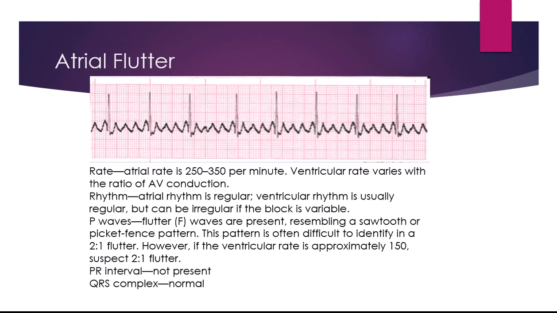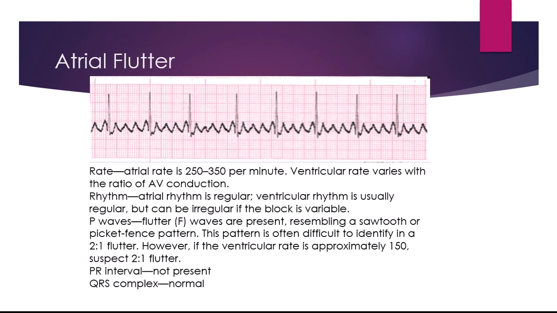So this is what your atrial flutter is going to be. One other thing I want to point out: at least in EMC 303, I will always have an atrial flutter on your EKG exams.